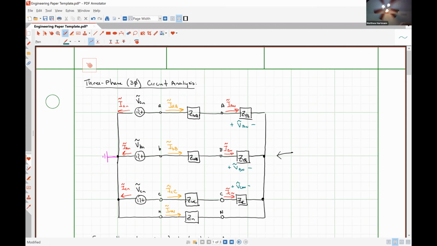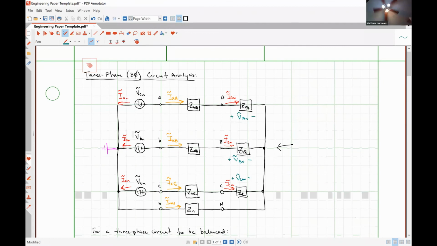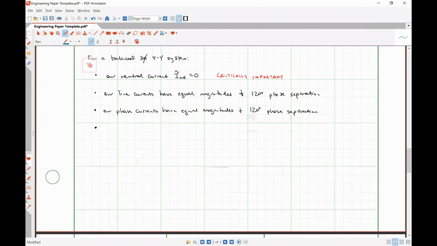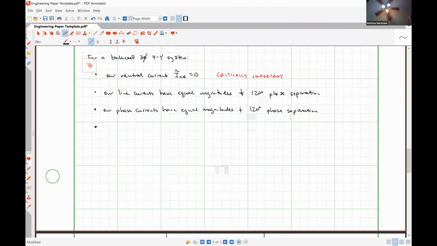So VAN is going to be IAN times ZYA, etc. And so we can see pretty easily then that our phase voltages would have equal magnitude and phase separation of 120 degrees.